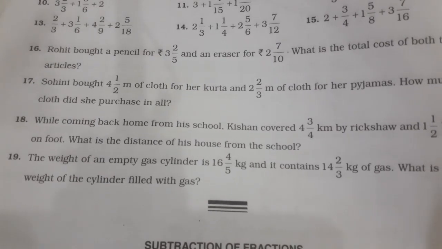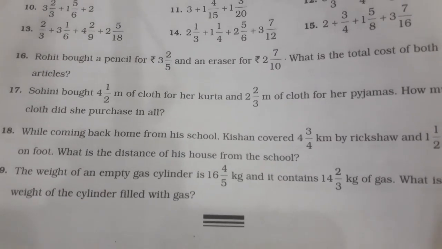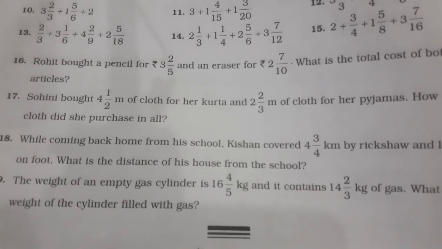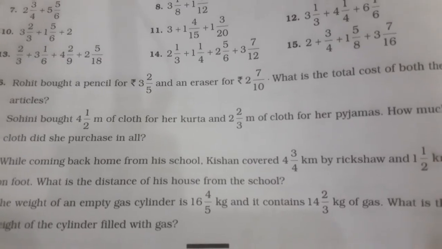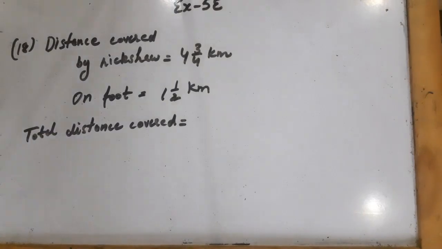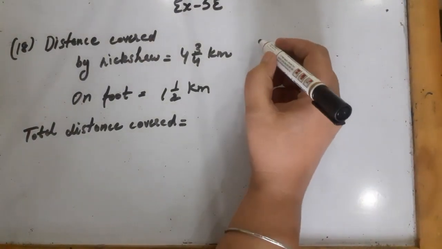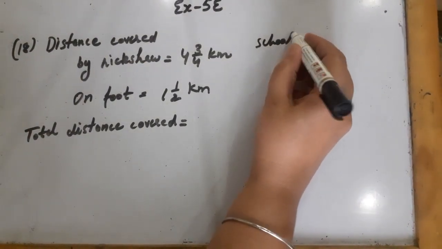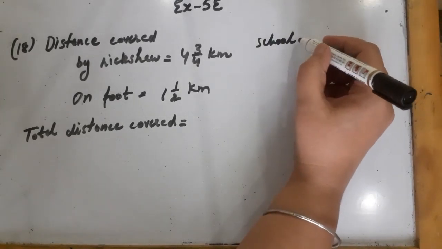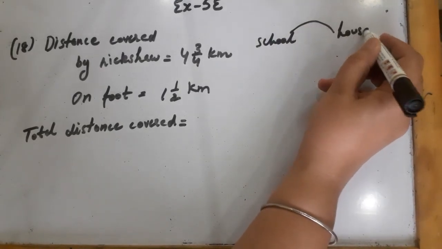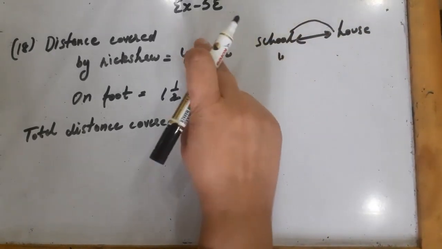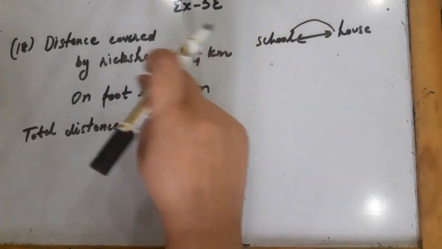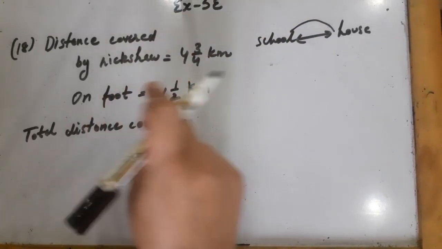The 18th question says, while coming back home from his school, Kishan covered 4 3 by 4 kilometers by rickshaw and 1.5 kilometers on foot. What is the distance of his house from the school? So what they are saying is that there is one boy, Kishan, who started from the school to reach his house, and to cover this distance, he covered 4 3 by 4 kilometers on a rickshaw, and then he traveled 1.5 kilometers on foot.